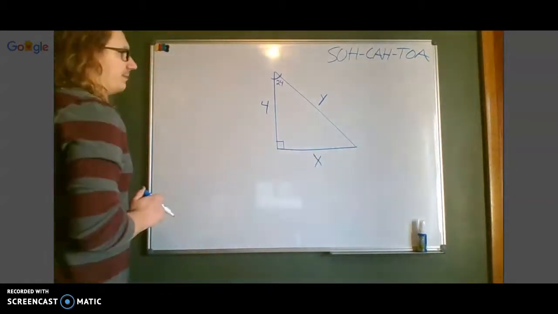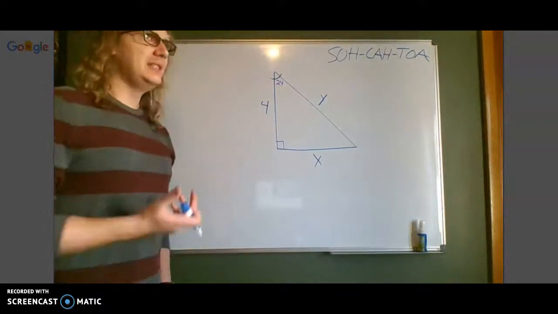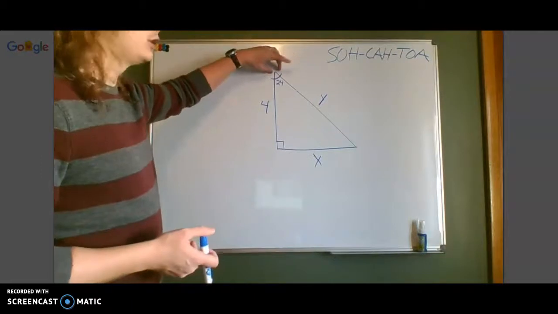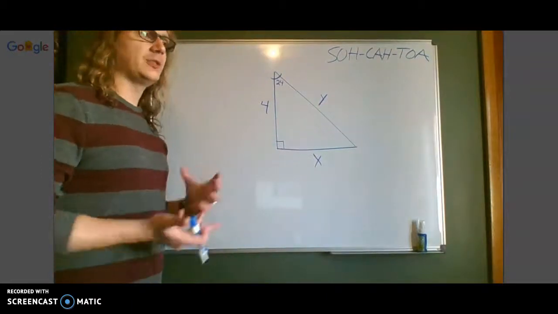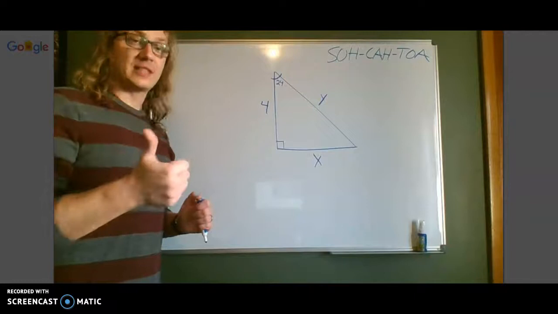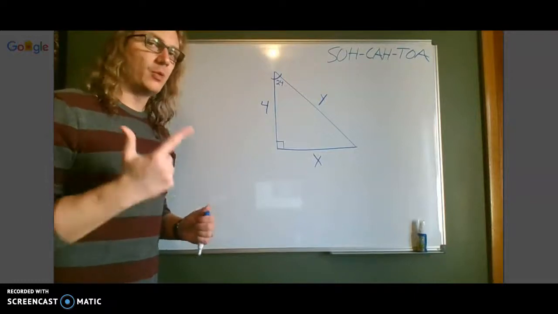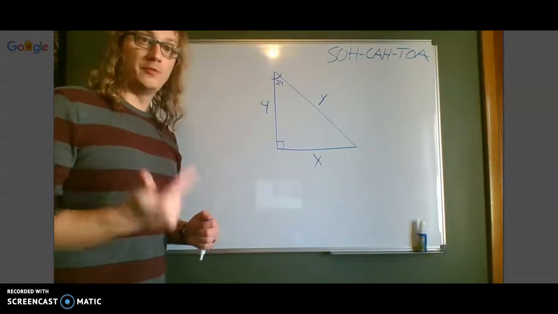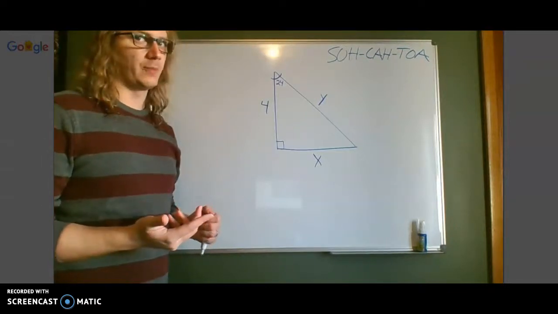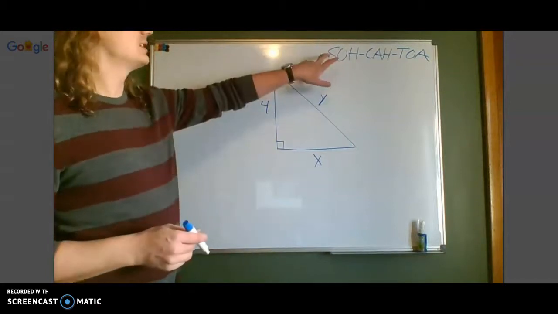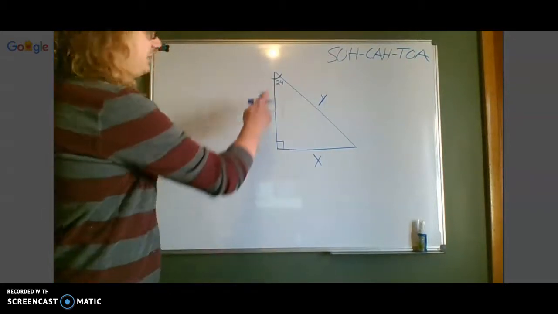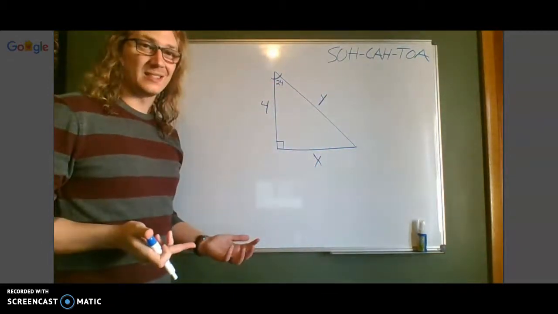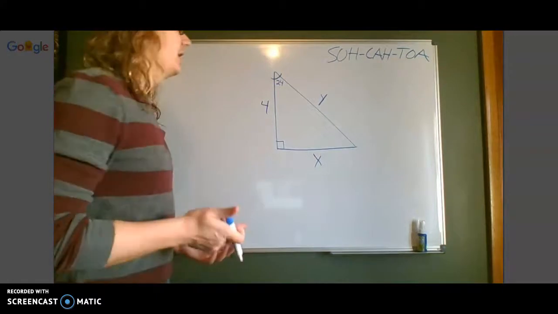Now, you always need two sides when you write these equations. You're going to start with your angle, and from the angle, you'll need two sides. The two sides you want are going to be the side that you're looking for and a side that you already know the measurement of, because you can't find two variables only using one equation. So I don't want to use sine, because sine of 24 will be x over y, and I can't solve for x when I've got a y in there.